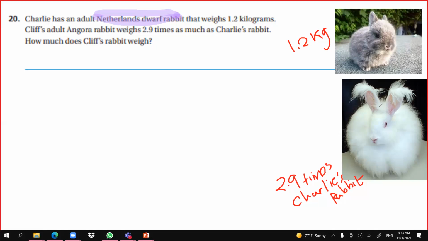Bravo. How do you know that you have to multiply? Why don't you add? Imagine now you are on the final test. You have some word problem like this, and you don't know. Do you have to add, multiply, divide? How do you know that you have to multiply? What is the keyword that shows you that you have to multiply?